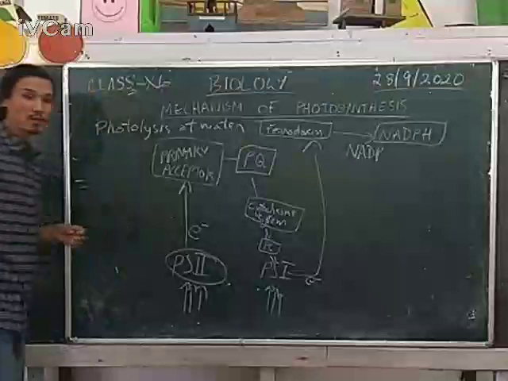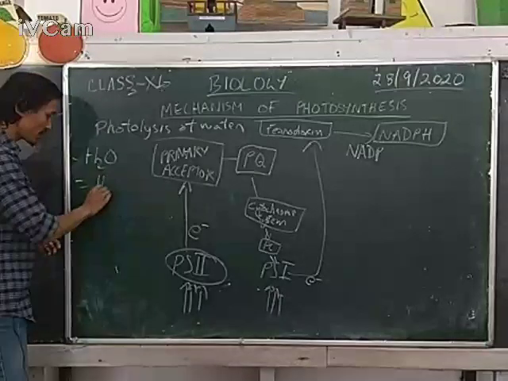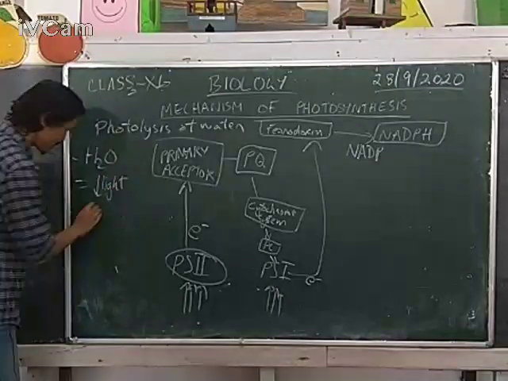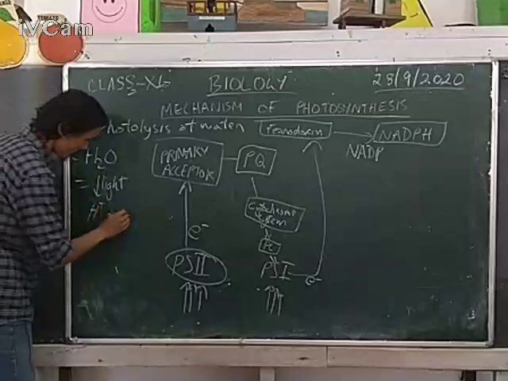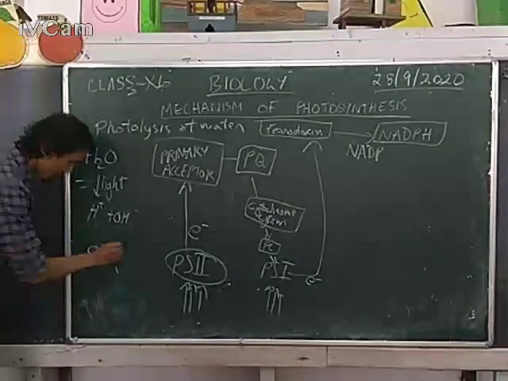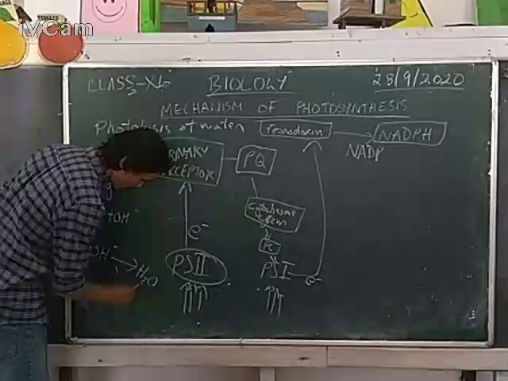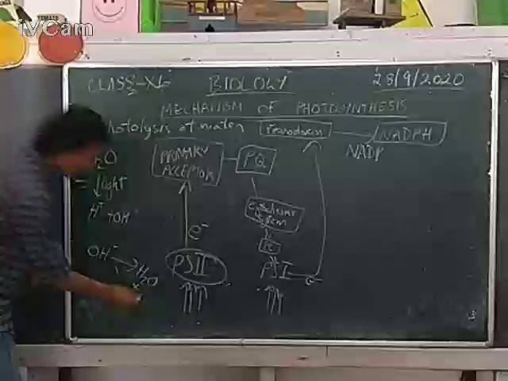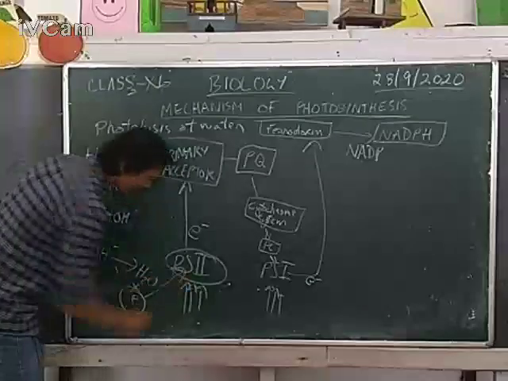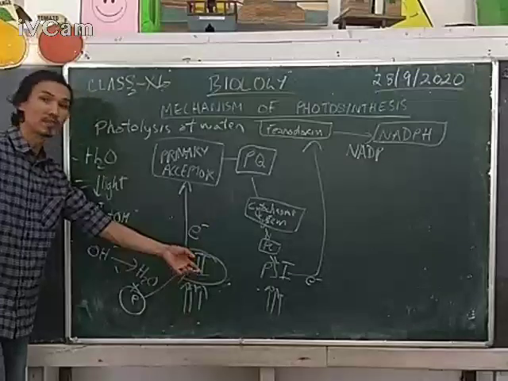By photolysis of water, the water molecule splits in the presence of light, producing hydrogen and hydroxyl ions. These hydroxyl ions are highly unstable and they recombine to form water and electrons. These electrons fill up the hole left by the emission of an electron from pigment system 2.